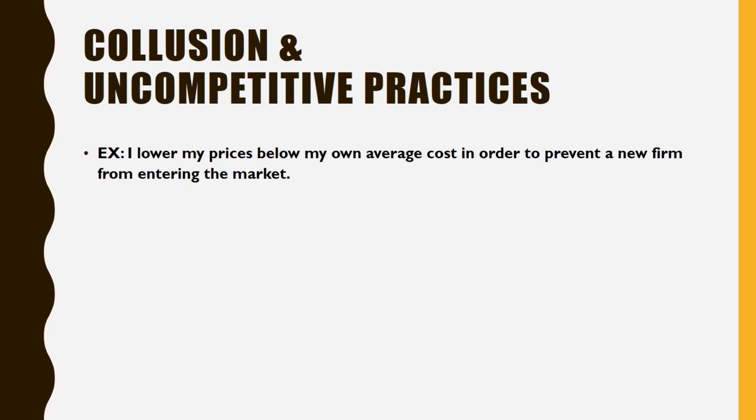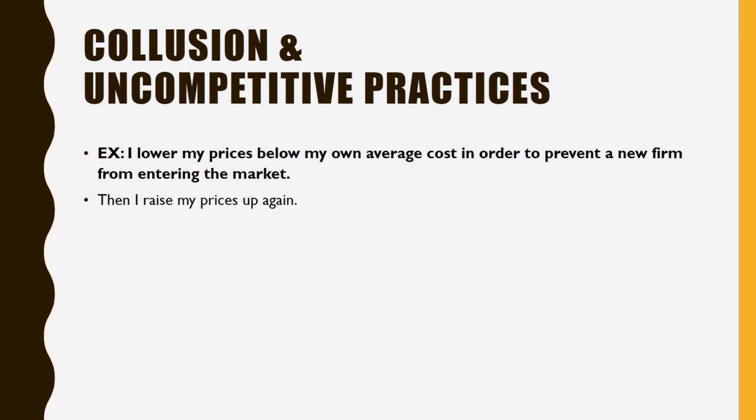So let me illustrate this by another example. Let's say that I lower my prices below my own average cost. So I lower my price below my average cost, so I'm selling at a loss, in order to prevent a new firm from entering the market. So basically, I'm using predatory pricing by selling at a loss to keep somebody else out of the market.